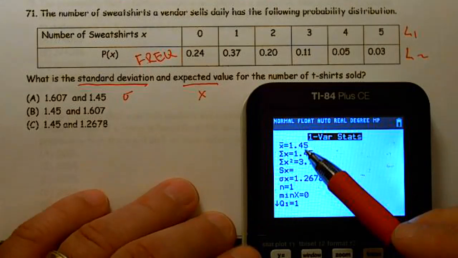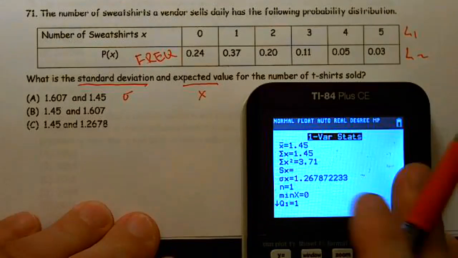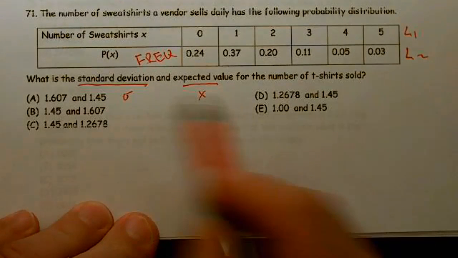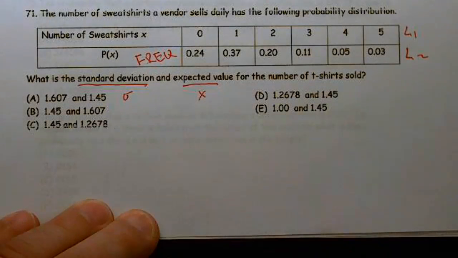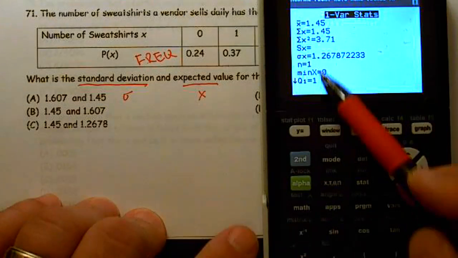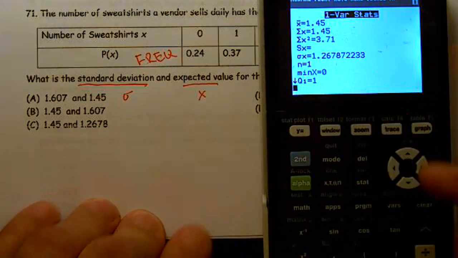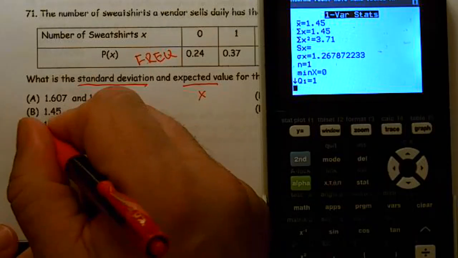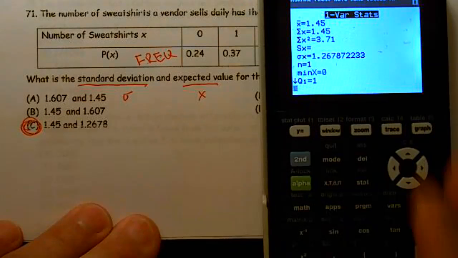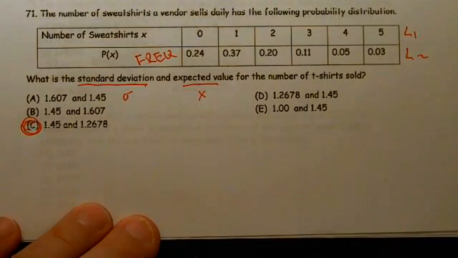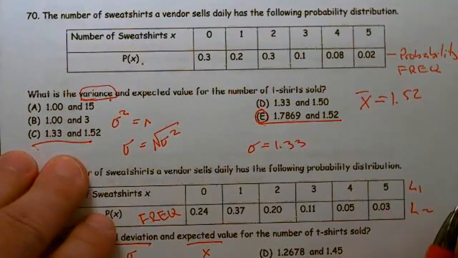I end up getting an expected value of 1.45. It turns out all of them match the expected value, so I need to check the standard deviation, which is 1.2678, which happens to be letter C. Please notice I didn't square it because they asked for standard deviation. Had they asked for variance like they did here, I'd have to square it.